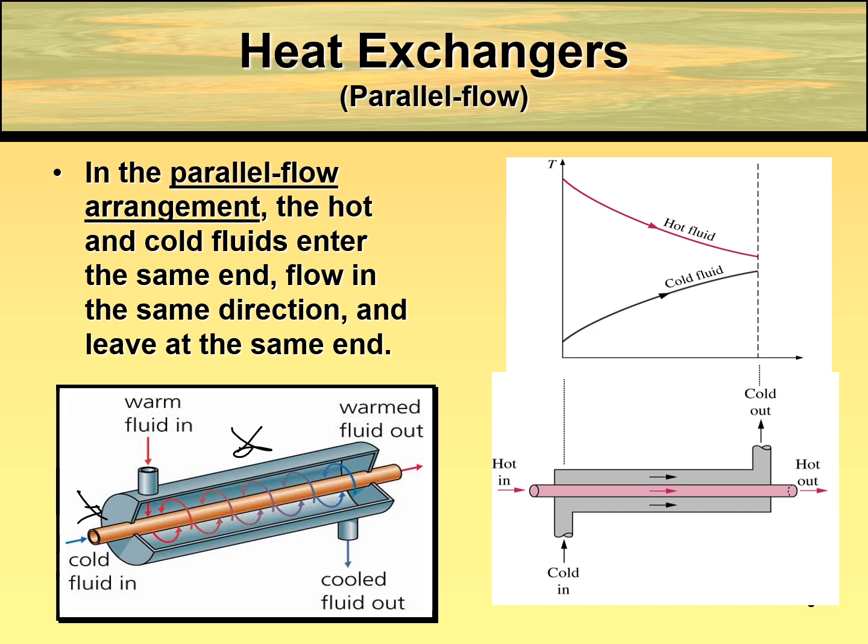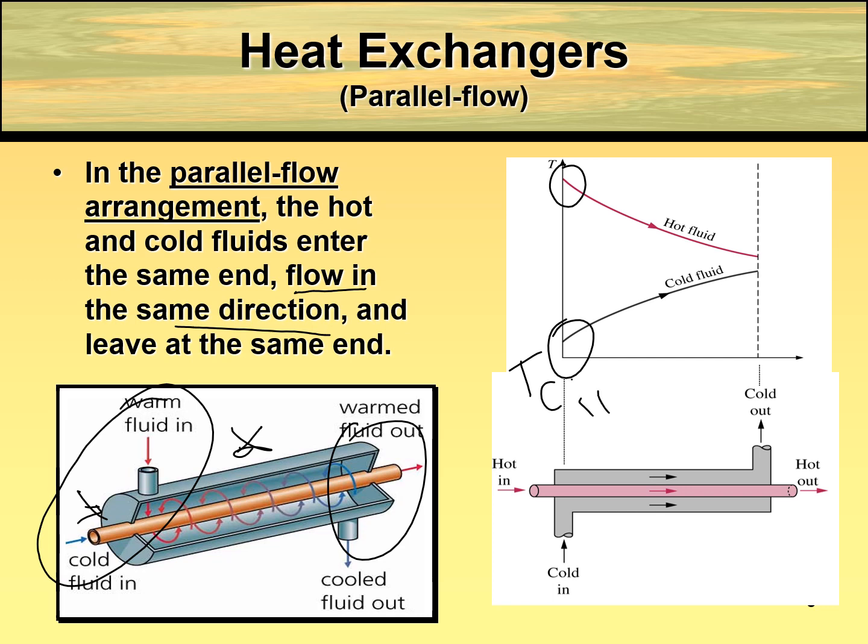Okay, so in the parallel flow arrangement, the hot flow and cold flow of the fluid enter at the same position, flow in the same direction, and leave at the same end. When the hot fluid enters, let's say the temperature here is T hot in, and the cold flow enters with another temperature, T cold in.